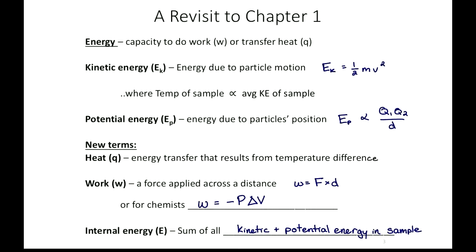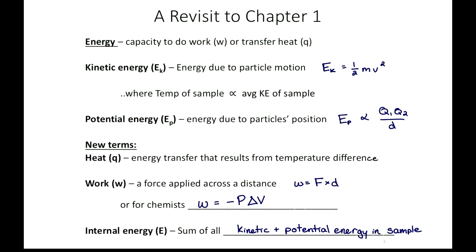So let's revisit chapter 1 where we briefly talked about energy, the two types of energy we discussed, kinetic energy and potential energy. We'll go into more detail about these ideas, but those same equations apply here. Kinetic energy, we can calculate it as 1/2 the mass of your object times its velocity squared. So this is energy due to particle motion.